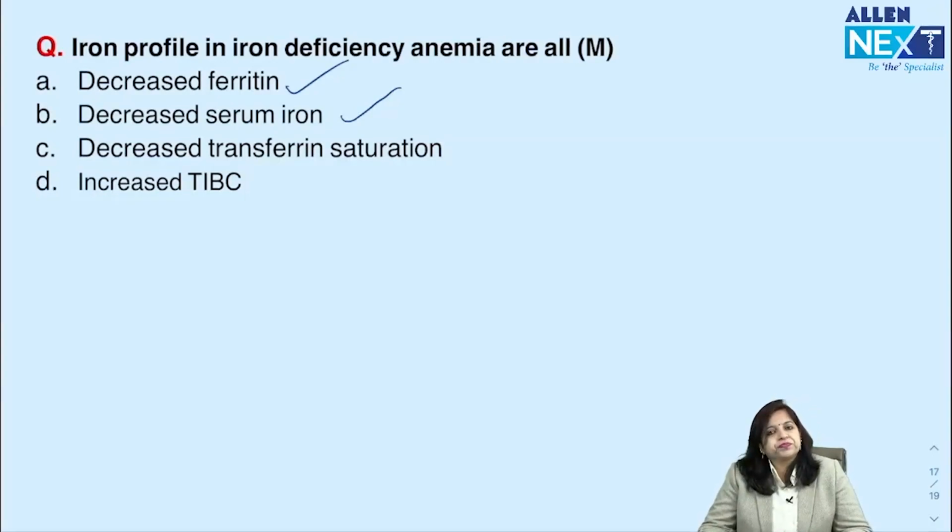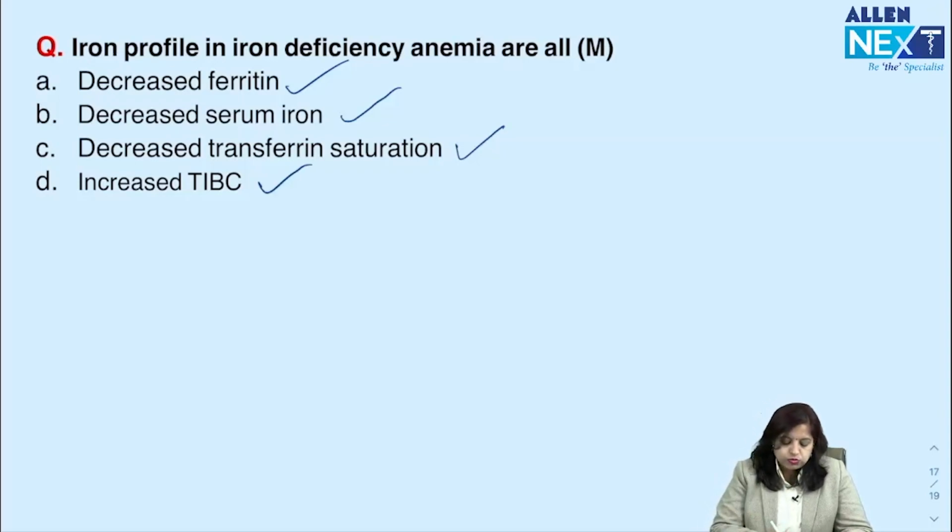Transferrin is a transport protein for iron. So if the total body iron is less, it will be less bound to iron and therefore it will be less saturated. And TIBC is kind of hungry for iron, so the TIBC is going to be increased. We know this already. So all the options were correct, and any option in which A, B, C, and D were there would be the correct one, right?